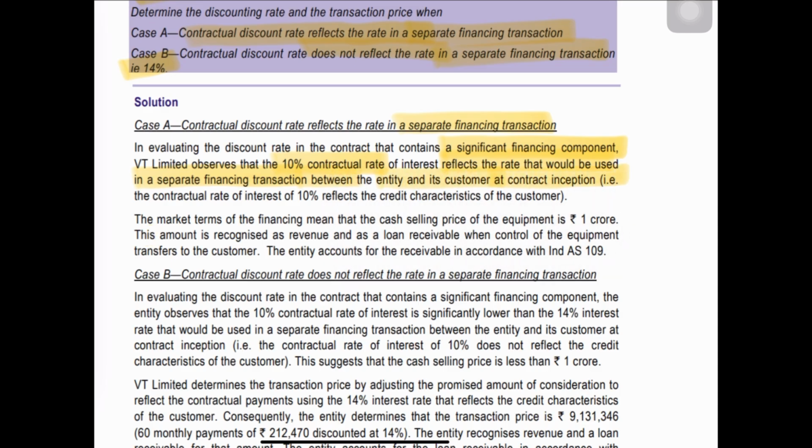The market terms of the financing mean that the cash selling price of the equipment is 1 crore. This amount is recognized as revenue and as loan receivable when control of the equipment transfers to the customer. The entity accounts for the receivable in accordance with Ind AS 109.